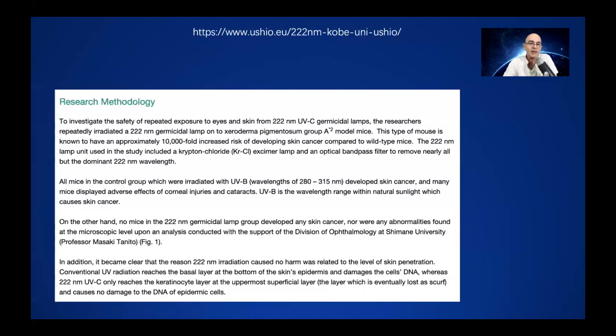Normal UV radiation passes right through your skin to the deeper parts of your skin. It can damage the cell's DNA, but 222 nanometers only reaches the very, very top layers of the skin and causes no damage to the DNA of epidermic or living cells.